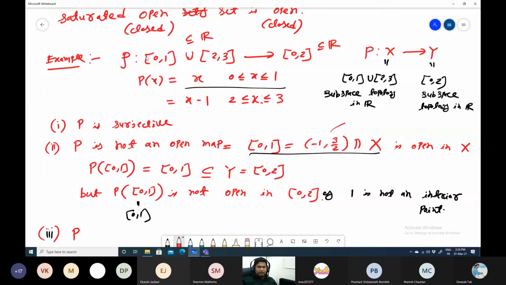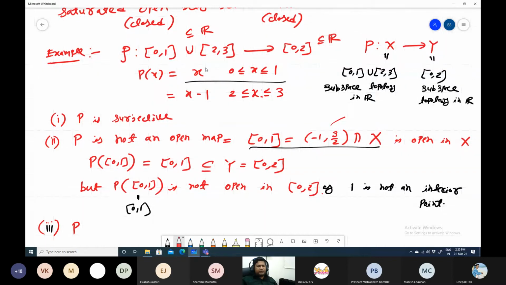Why? Because any closed set here, in fact in R, is either a closed interval or a singleton set, or some finite set. In this interval, it cannot be infinite actually. No, here it can be infinite as well. We can take the interior anyway. So you can check here by these two functions, this one and this one.